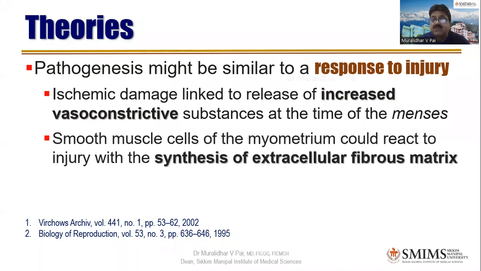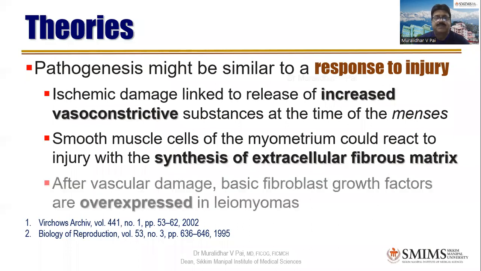Smooth muscle cells of the myometrium could react to injury with the synthesis of extracellular fibrous matrix. Somehow there has to be synthesis, proliferation or multiplication of this extracellular fibrous matrix. So smooth muscle cells of the myometrium could react to any sort of injury. Here, menses itself is posing as an injury.